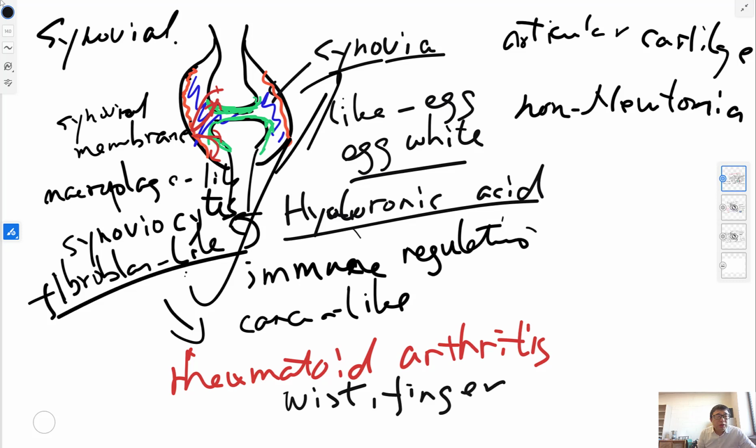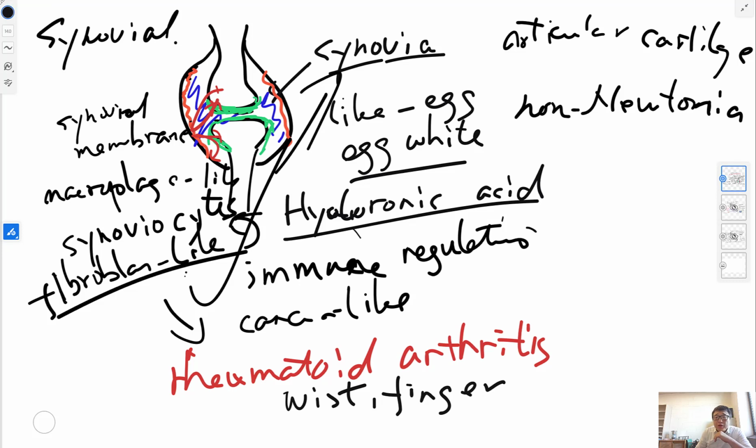Given time, you can see that people with rheumatoid arthritis even have deformed hands. They have a weird shape, and pain and swelling, things like that. But rheumatoid arthritis is not the most common arthritis.